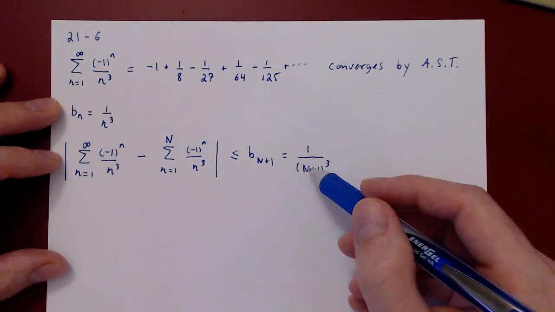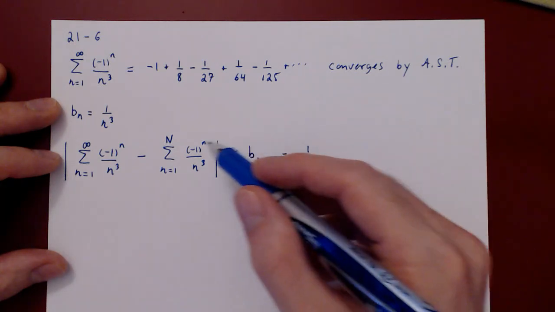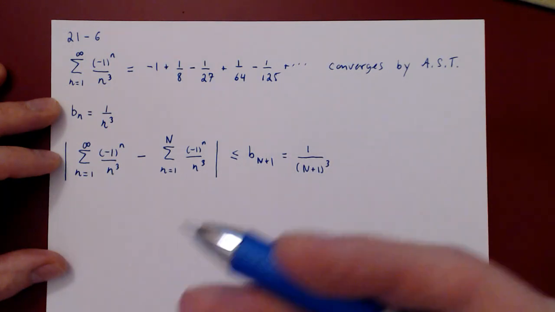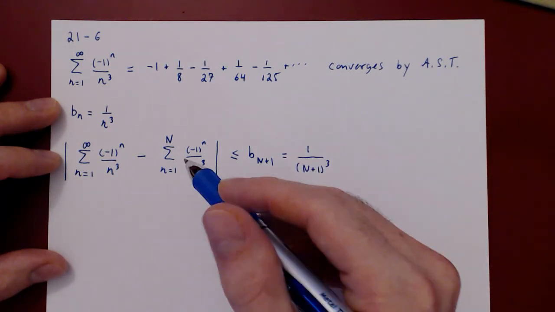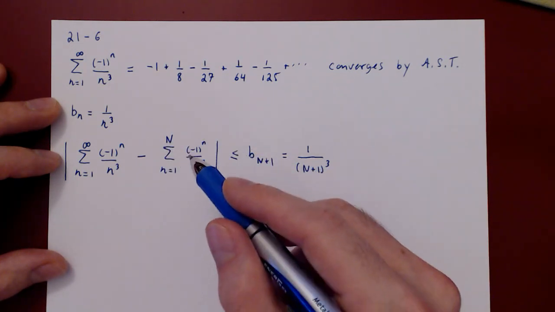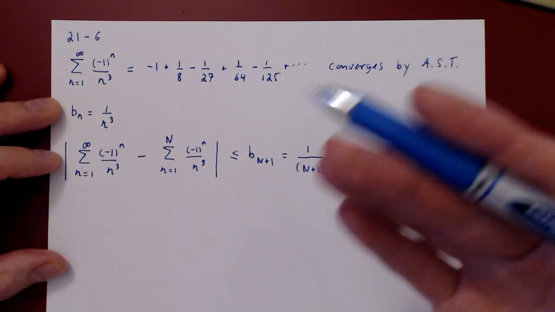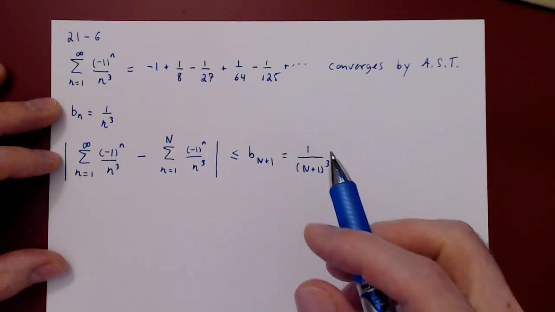And of course, you can see, we can make this as small as we want by taking n to be sufficiently large. So now what if we have an accuracy in mind? What if, say, we want the approximation to be no further off from the exact value than, say, 10 to the negative 12. So we have a target level of accuracy.